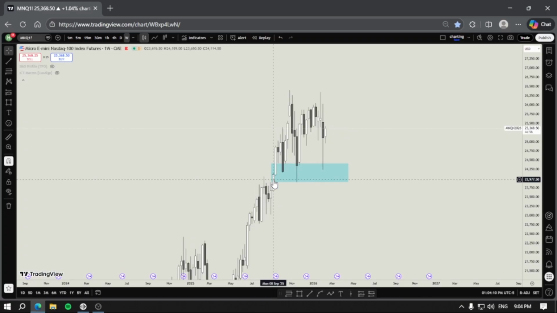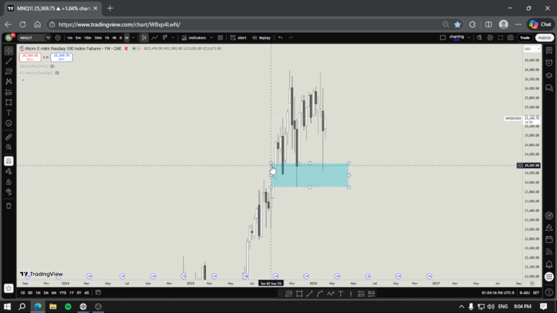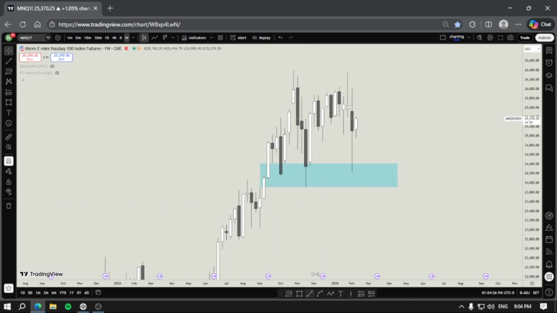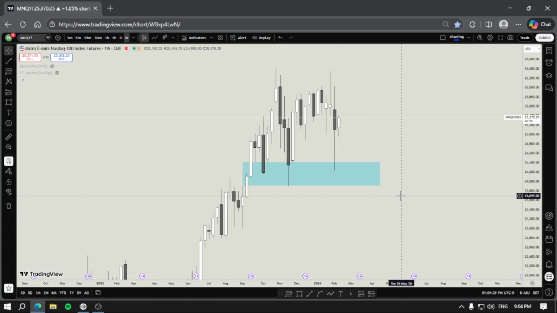I'm taking them together because when we have gaps back to back, I generally take them together, because it does not matter in my perspective. So we test this fair value gap, and then what? We hold it. So we can say right now bullish PD arrays are getting respected on my highest time frame, which is my weekly time frame.